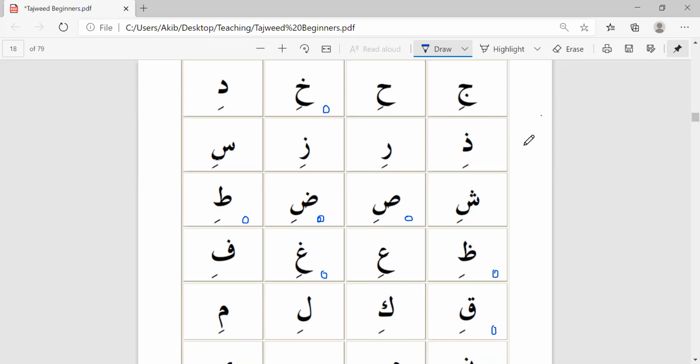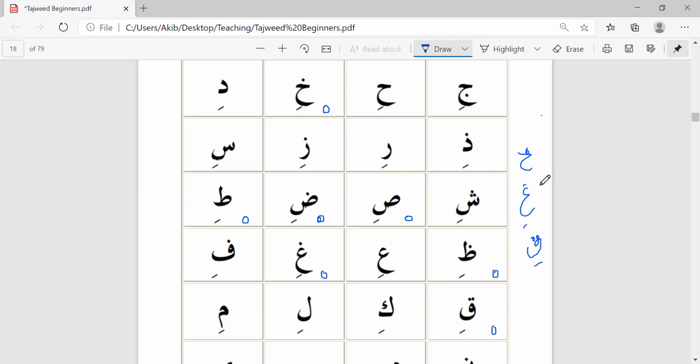What I want to mention before I move on is a few things regarding the letters kha, ghain, and qaf with the kasra. So this is just when it's got the kasra.